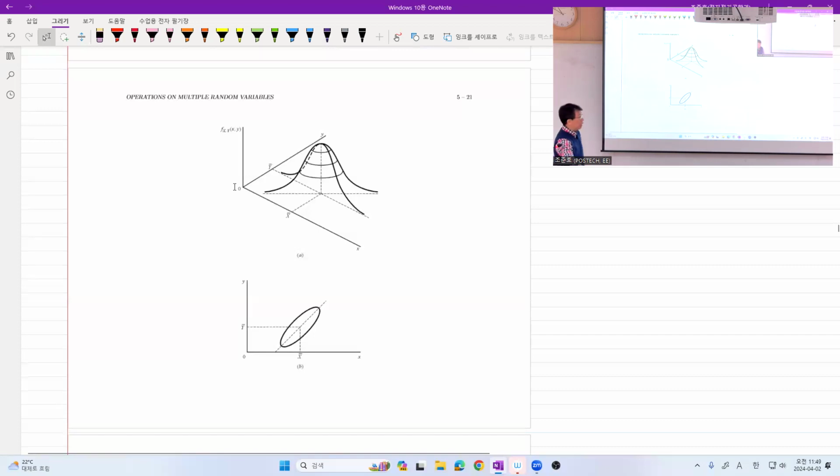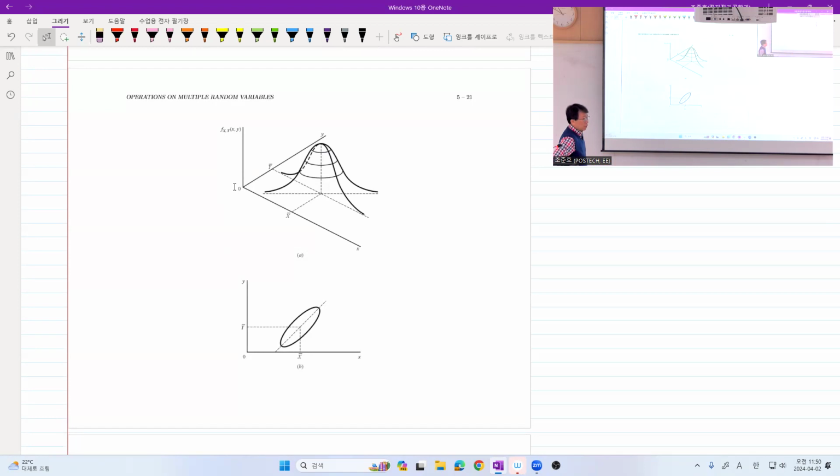So this is the case where rho is positive and close to 1. Got it? As you see, this is the x-axis, that is the y-axis, and you have the scatter plot, right? And then you can find the two-dimensional histogram, and you approximate it by considering the limiting case, and then you cut with some level, then the contour projected on the xy plane is called the level set.